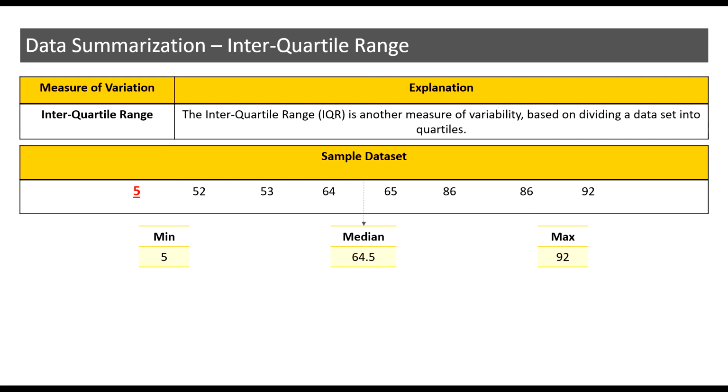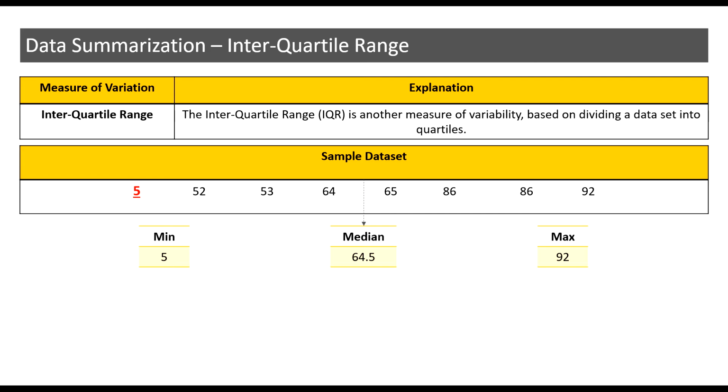In this case, that central value happens to be 64.5, and the maximum value, which is 92%. Since the median is bang in center, we can safely say that it has divided the dataset into two halves, that is 50% on the left hand side and 50% on the right hand side.